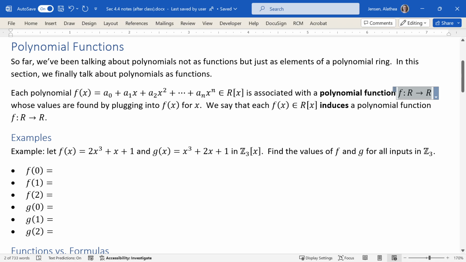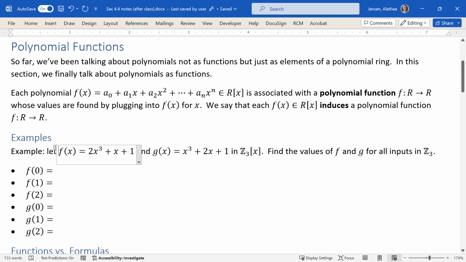The values of that function are found just like you would think, by plugging into f of x for x, replacing the x with the ring element that you want to plug in. Then we say that each f of x in R bracket x induces a polynomial function f from R to R.